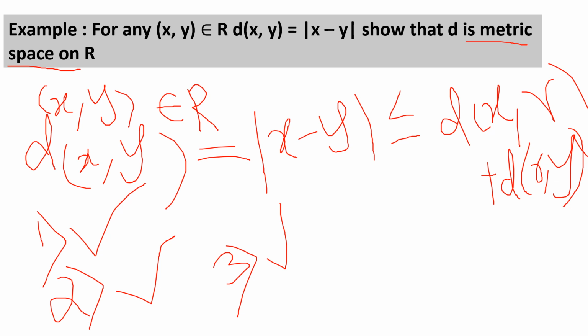Here r, we can take any integer, natural number, whole number, rational number or irrational number, which should belong to the real number system.